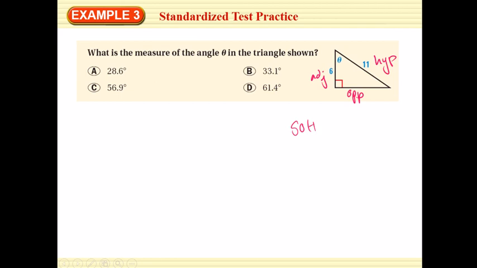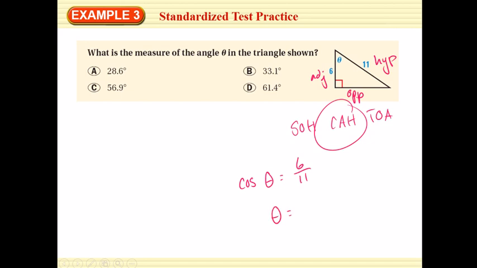I always like to write out SOHCAHTOA. So which trig function am I going to use with adjacent and hypotenuse? That's going to be cosine. So setting this up, cosine of theta equals 6/11. If I take the cosine inverse of each side, that means I'm undoing the cosine.